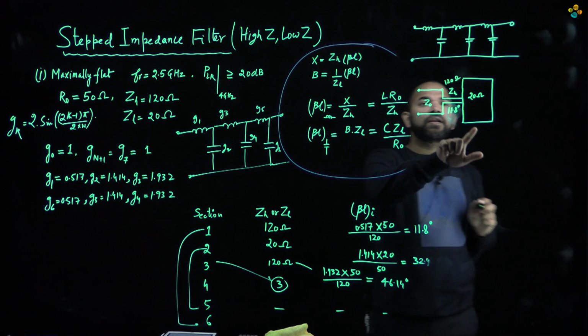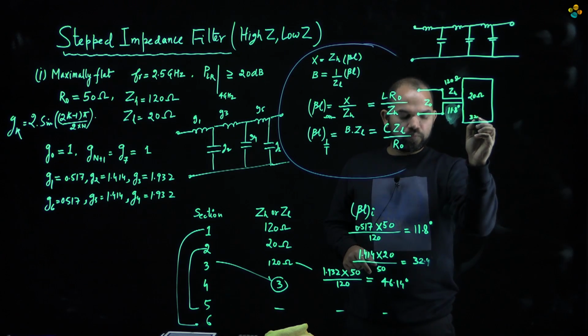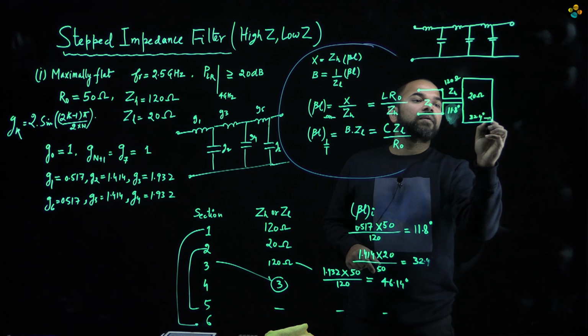So the electrical length for this line is 32.4 degrees. Okay.